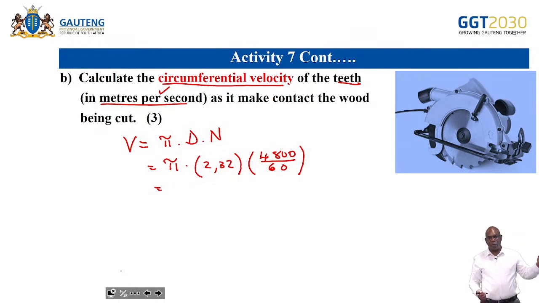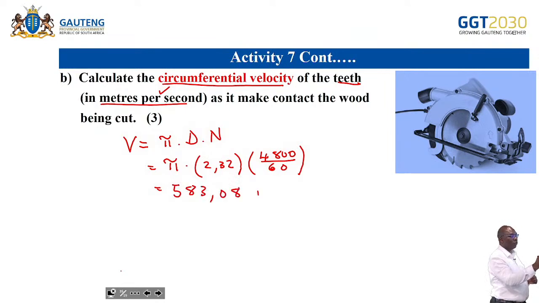You can just take a calculator and say pi multiplied by 2.32 multiplied by 4,800, divide that by 60, and then the answer that you're going to get there is 583.08. Don't forget, this is meters per second.